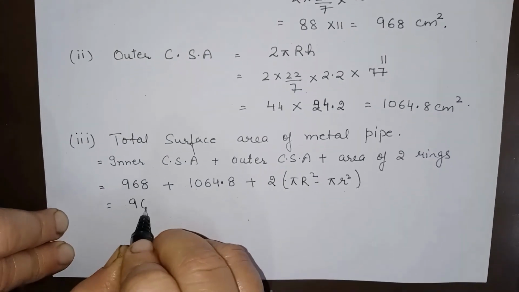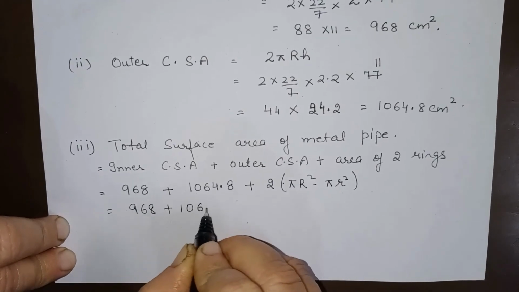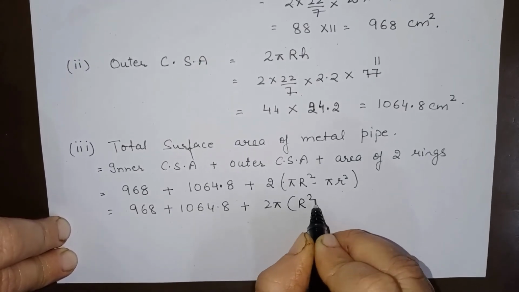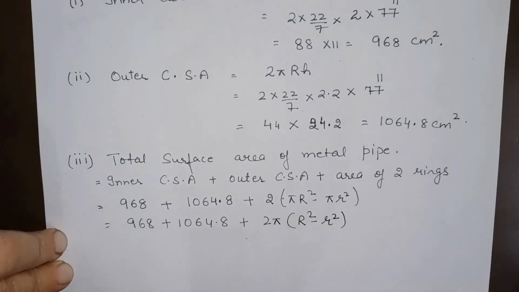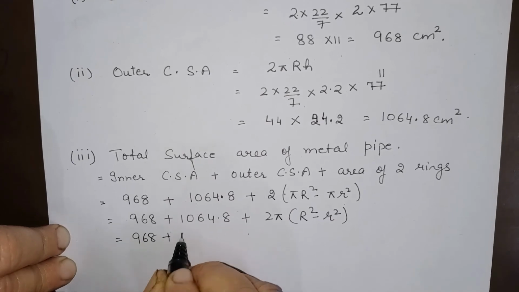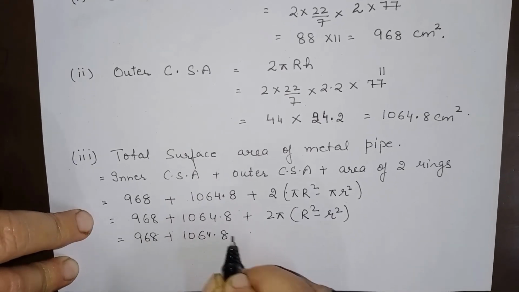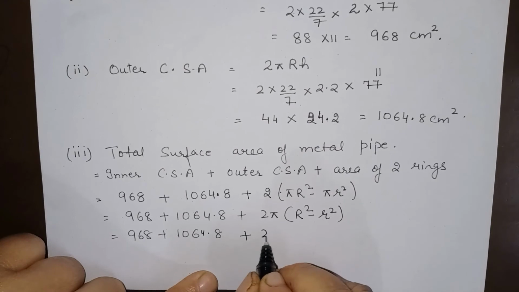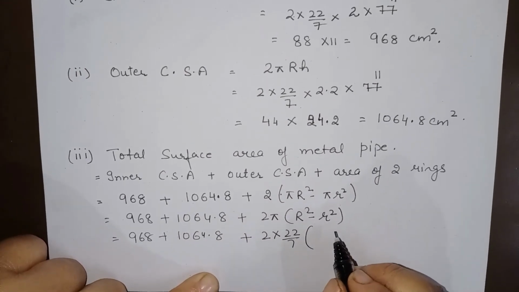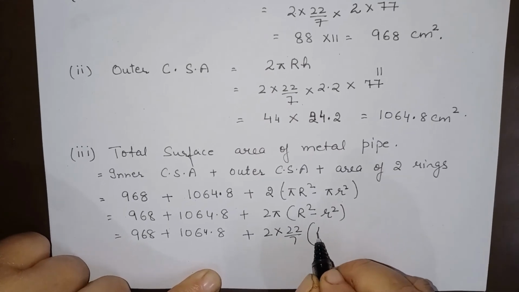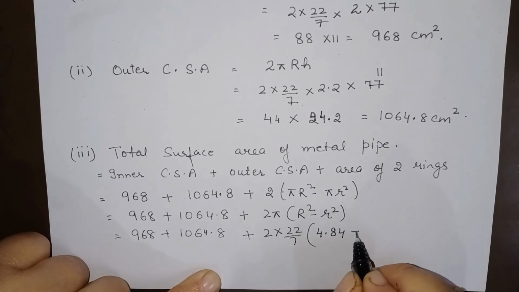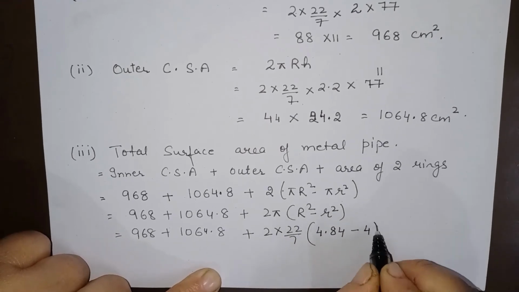Now it will be 968 plus 1064.8 plus 2, let us take pi common, R square minus r square. So it will be equal to 968 plus 1064.8 plus 2 multiplied by 22 by 7. Now capital R is 2.2. So this will be 4.84, 2.2 square. r is 2. So this will be 4.